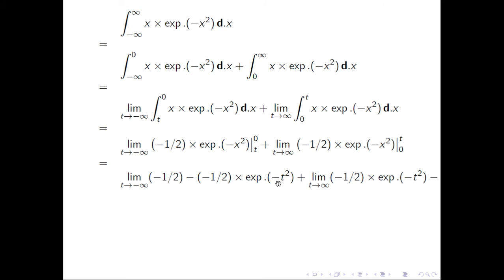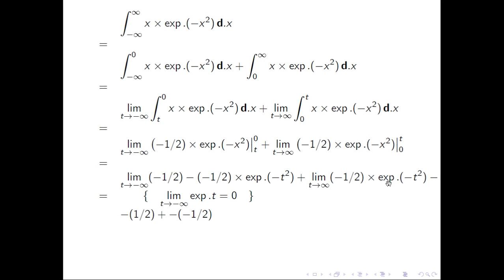And as its argument tends to negative infinity, e to the power of it will tend to 0. So this just becomes 0. So we lose this, and this becomes minus a half plus, and then we lose this one again, because the same thing happens: minus t squared tends to negative infinity as t tends to infinity.